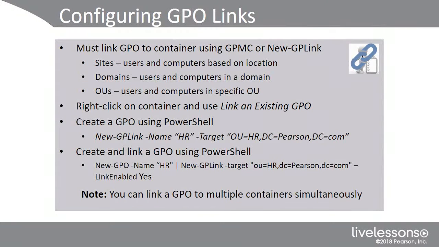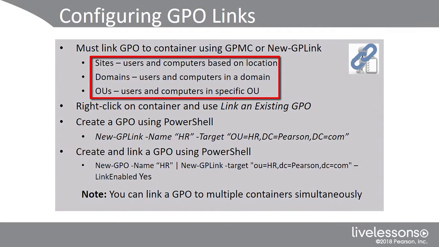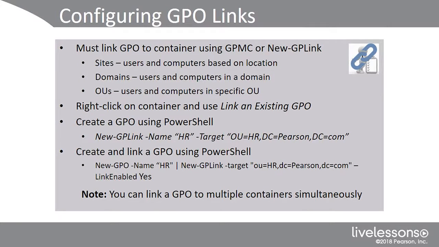And one more thing that really makes these work is linking the GPOs to the containers. And you can link the GPO to the container using the GPMC or using the PowerShell command New-GPLink. And as you saw, you can link them to a site, a domain, or an organizational unit by simply right-clicking on the respective container and using the option called Link an Existing GPO. And to link a GPO using PowerShell, as I mentioned, it's New-GPLink.